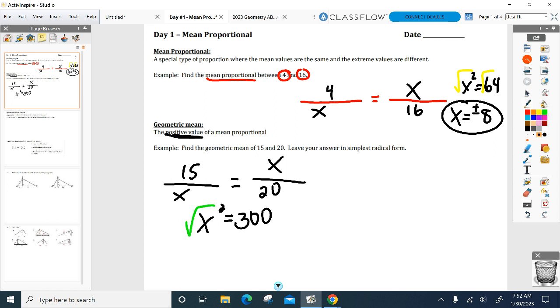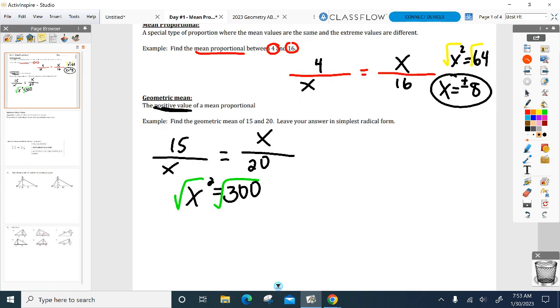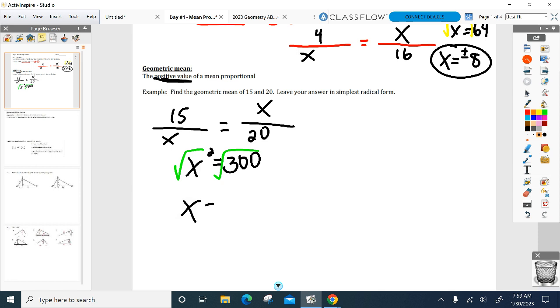But notice the directions on this one. Simplest radical form, right? So I don't want that decimal, and maybe some of you are staring at your calculator. Come on, we have more than enough practice breaking down radicals. I'm going to ask somebody in a second, what's the biggest perfect square that goes into 300?